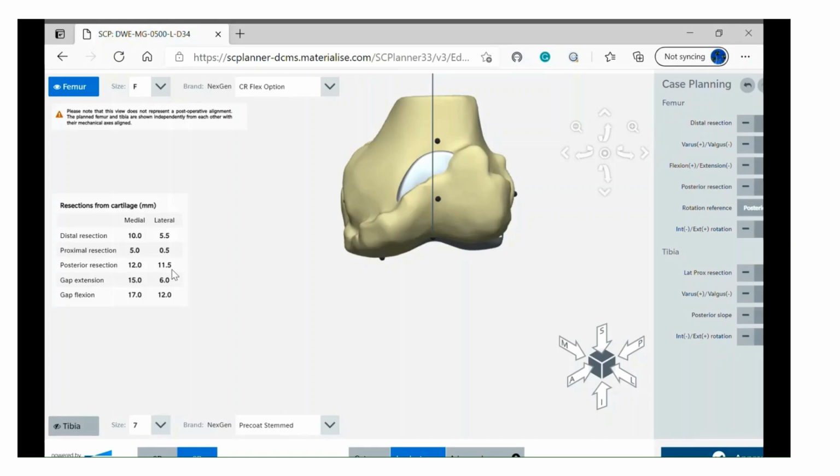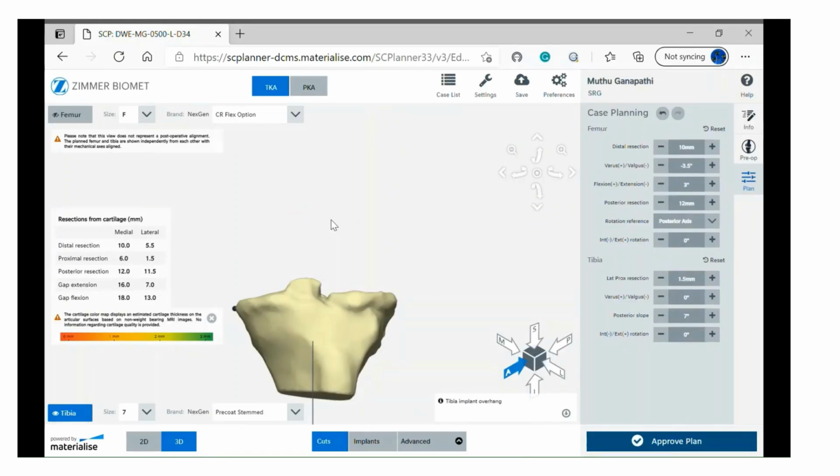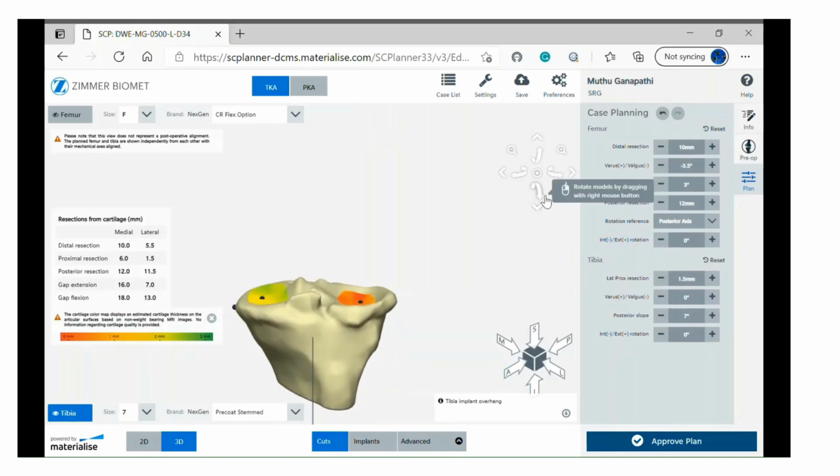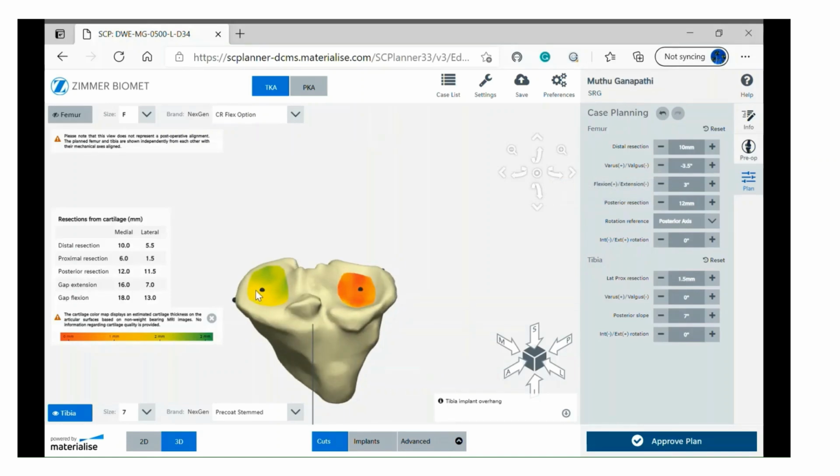Now coming to the tibia, this is the mechanical alignment section, 6 medially and 1.5 millimeter laterally. Now we can come to the cartilage mapping. You can see there is minimal wear medially. Laterally we know there is bone loss as well as cartilage loss.